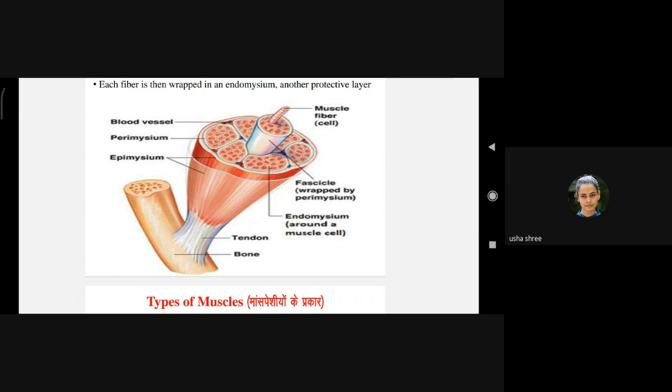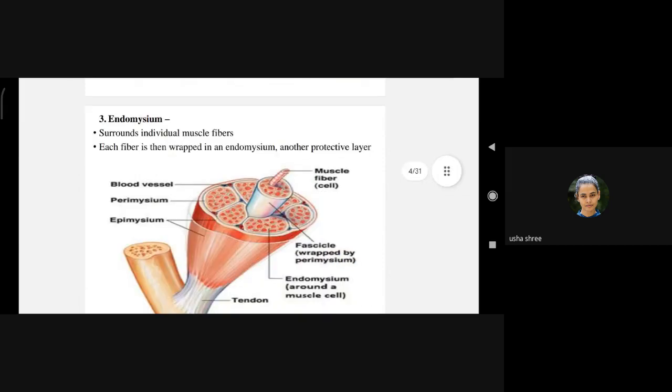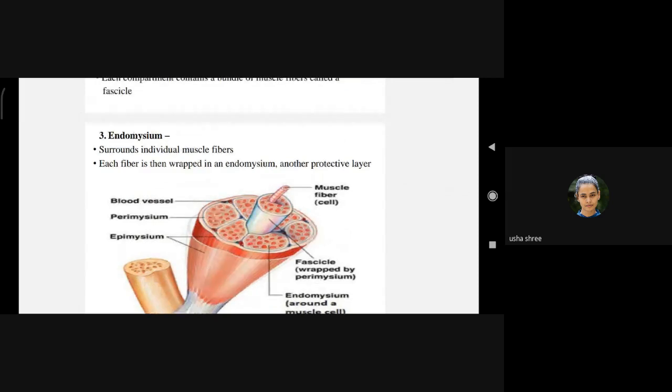Perimysium is the covering of the bundle, which means every muscle fiber is making a bundle, and that bundle is covered by perimysium.